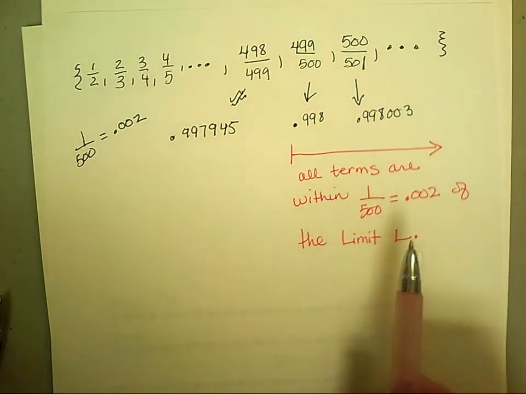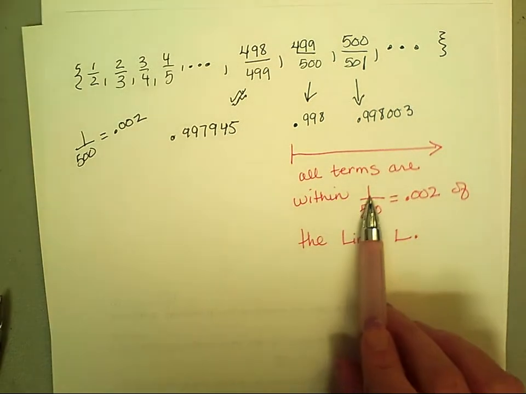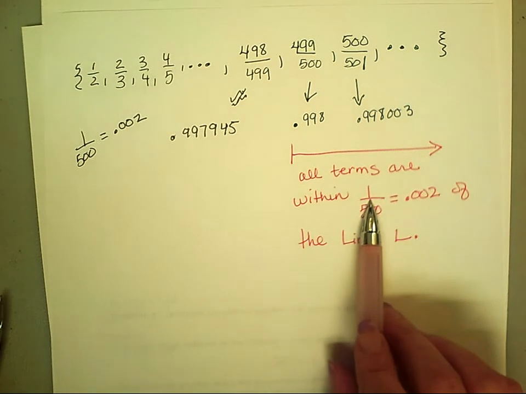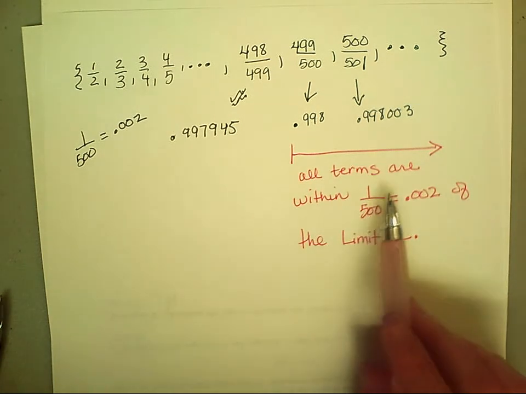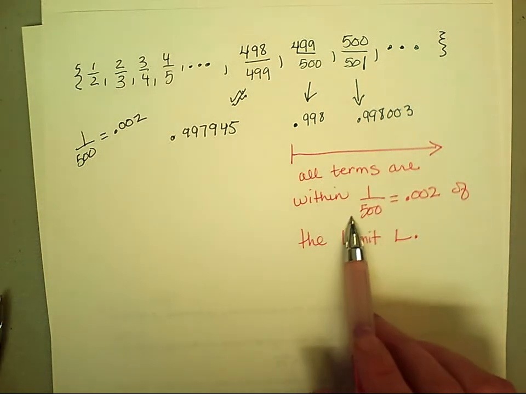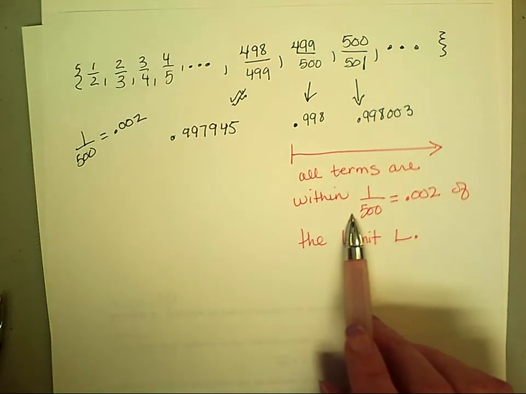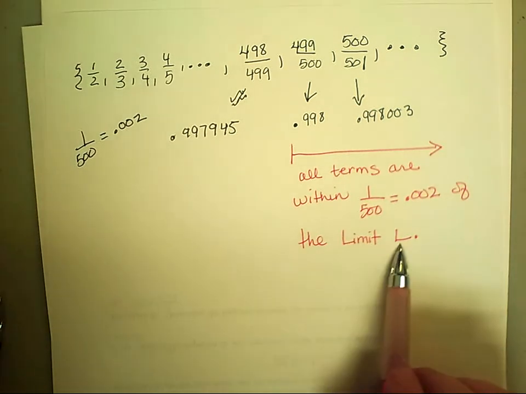There was something special about the limit, but not this number. We could repeat this process for 1 over 500, for 1 over 1,000. It doesn't matter. The important thing is that however close we want to get to the limit, we will always be able to get as close as we want to that limit.